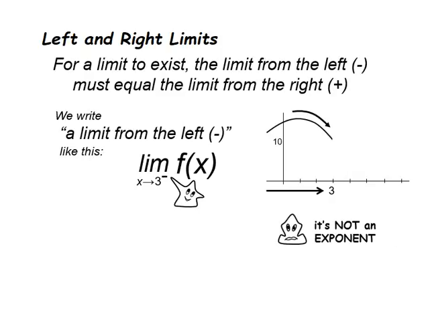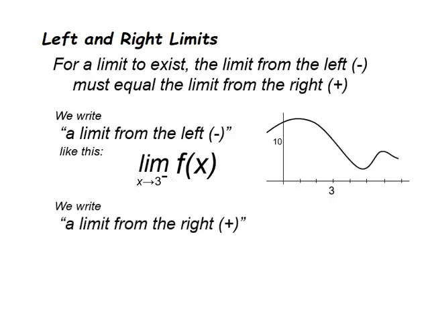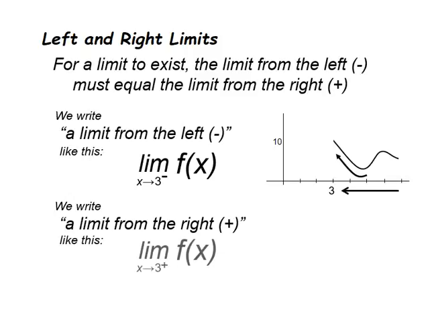Right, Geo, the negative sign is not an exponent. We write a limit from the right, from the positive side, like this. Still, not an exponent.